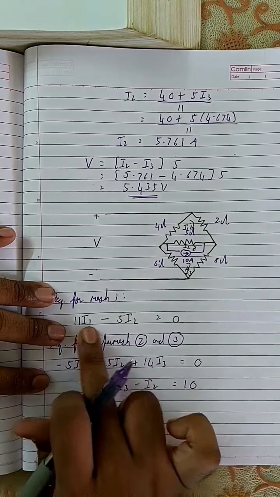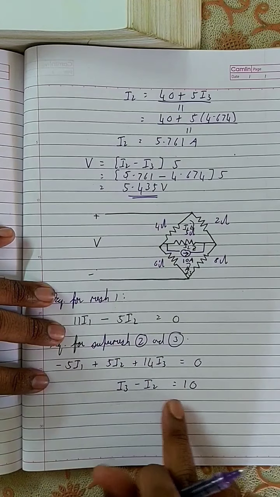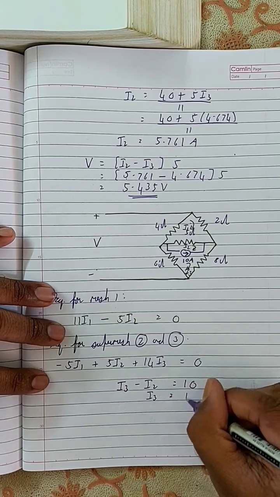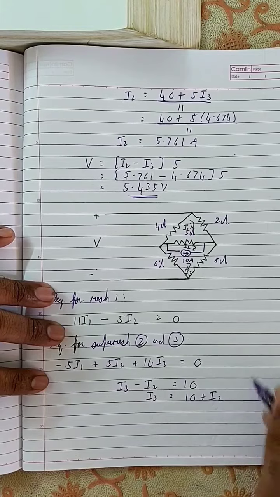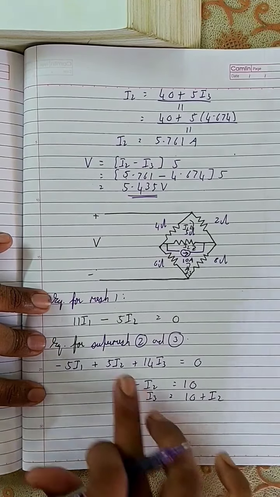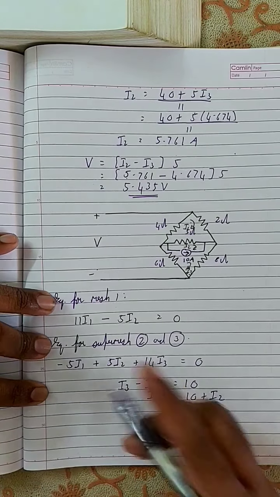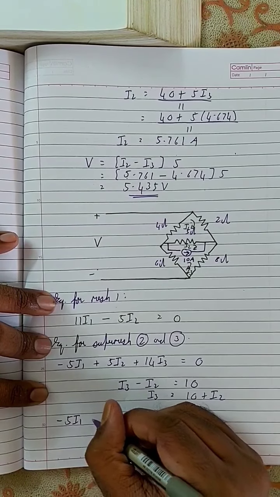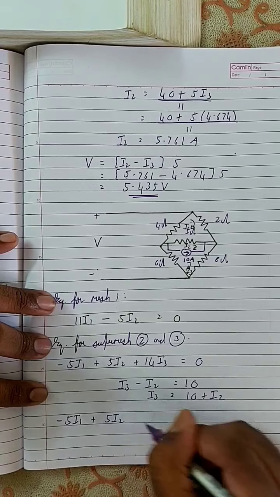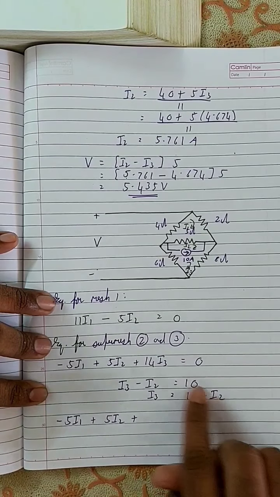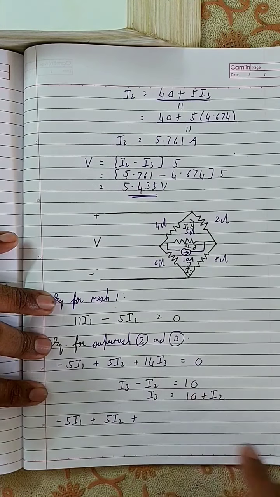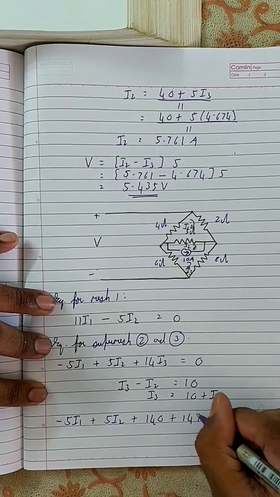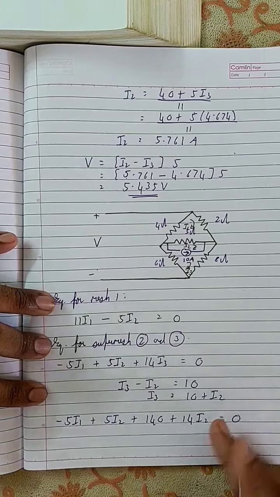Here there is no I3, so I can substitute the value of I3. I3 is equal to 10 plus I2. Substituting, this becomes minus 5I1 plus 5I2 plus 14 times (10 plus I2), so 140 plus 14I2 is equal to 0.